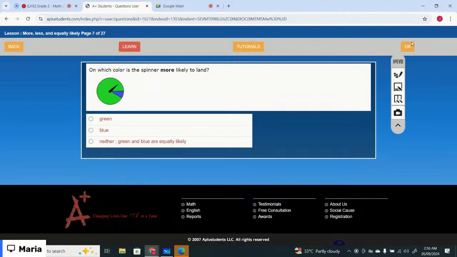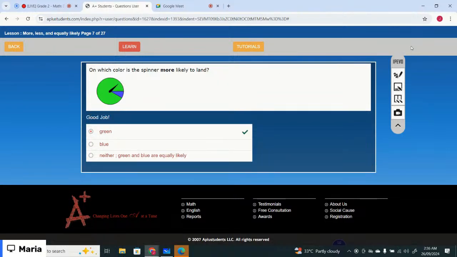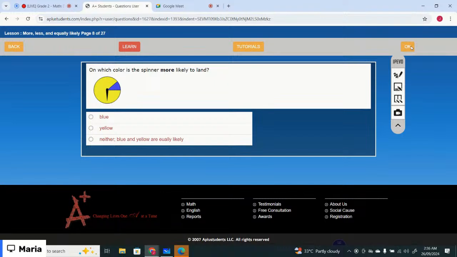Yes, it will more likely land on green, because the spinner has more portion that is green. So it will more likely land on green. The next one is: on which color is the spinner more likely to land? So which is the correct option?